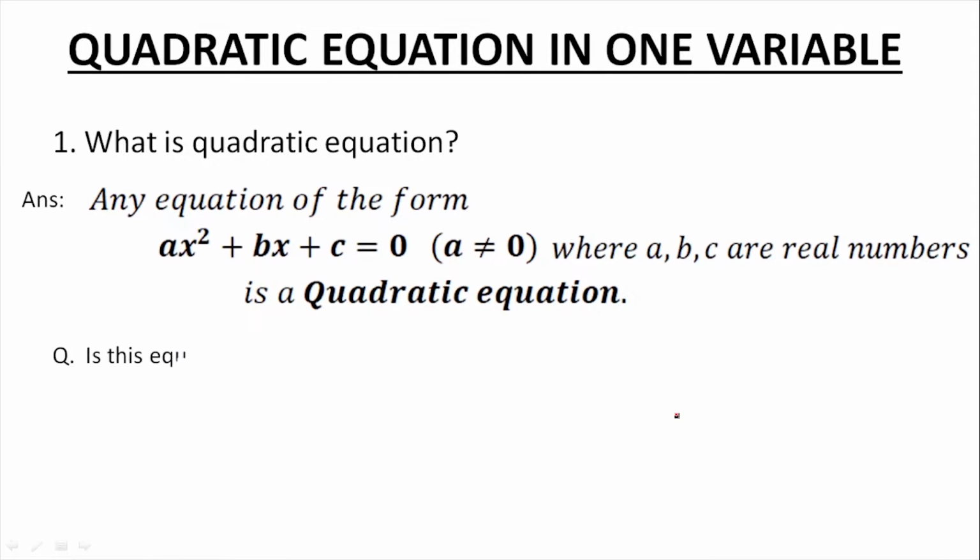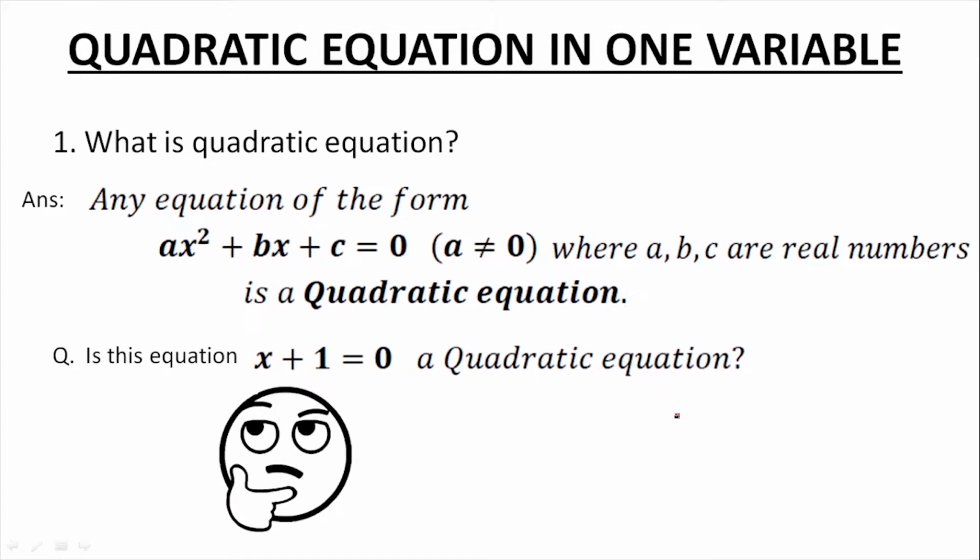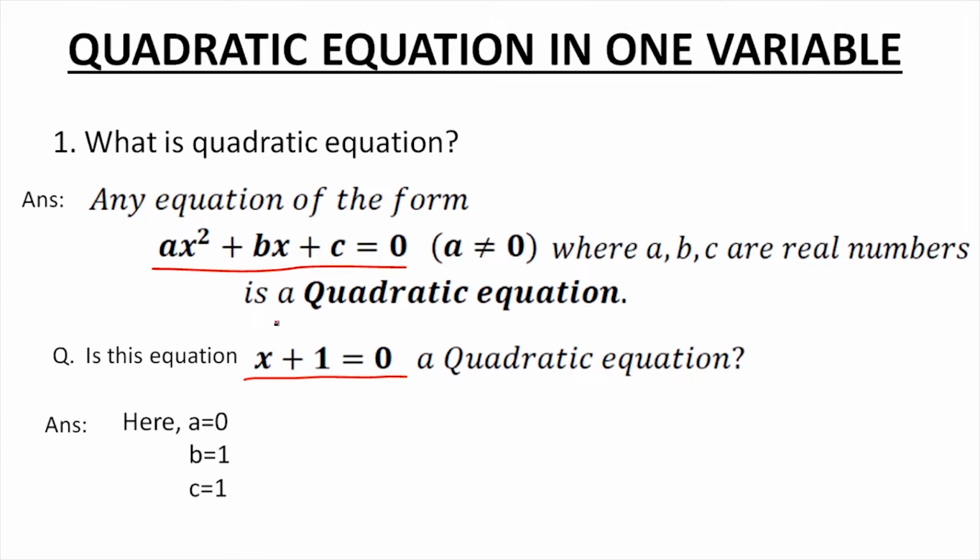Now, is the equation x plus 1 equals 0 a quadratic equation? Let's do the same thing that we did in the previous examples. Let's compare this equation with ax square plus bx plus c equals 0. The value of a is 0, because there is no x square.